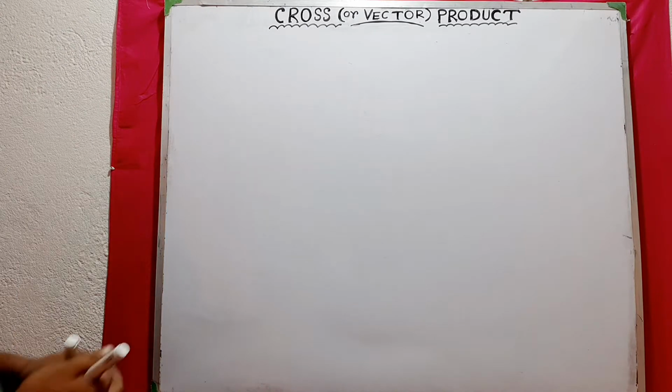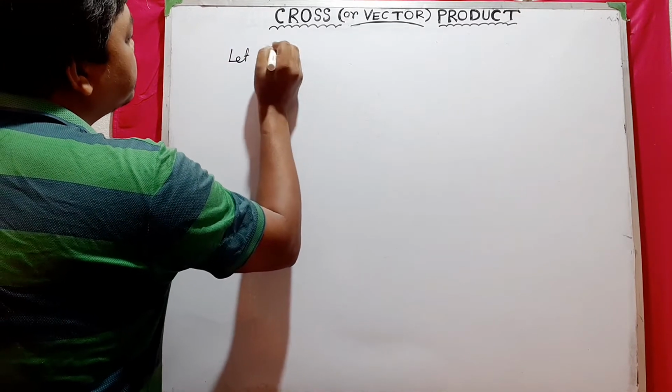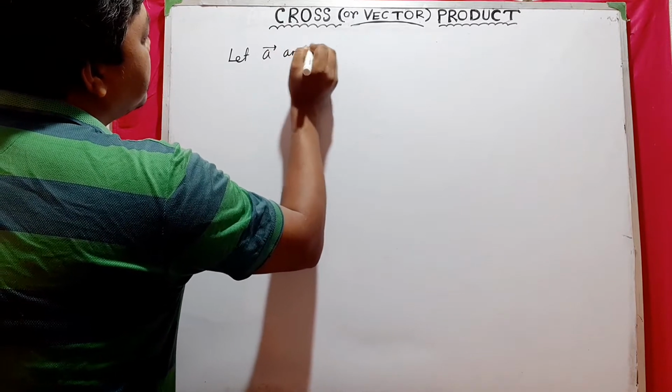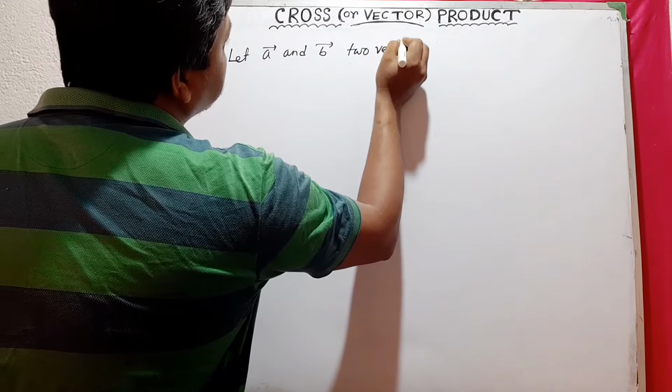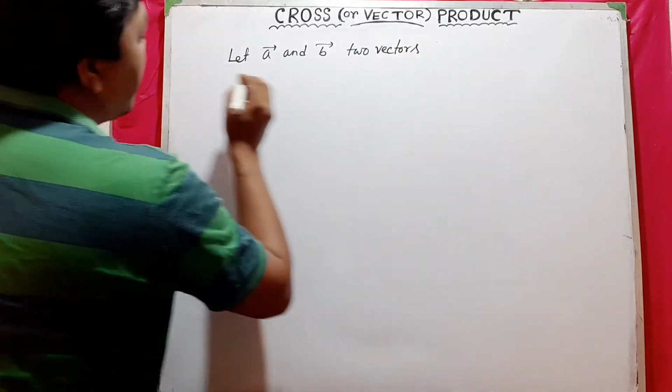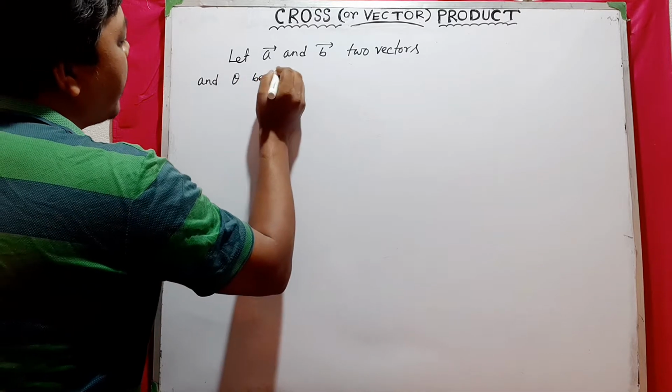Okay, so let A and B be two vectors, and theta be the angle between them.